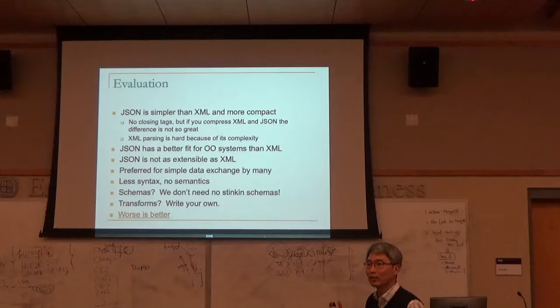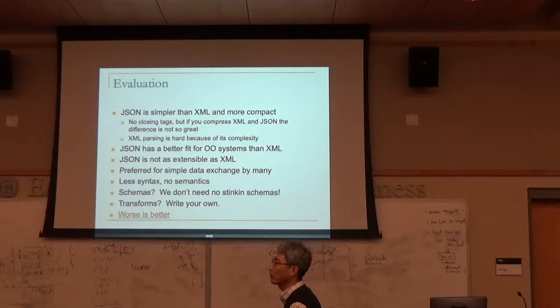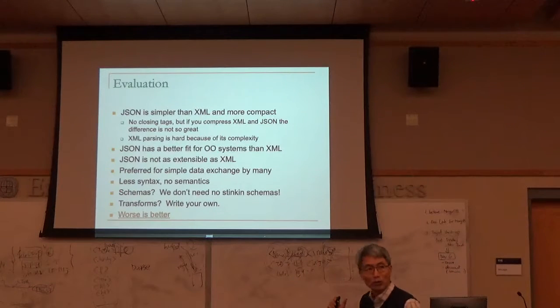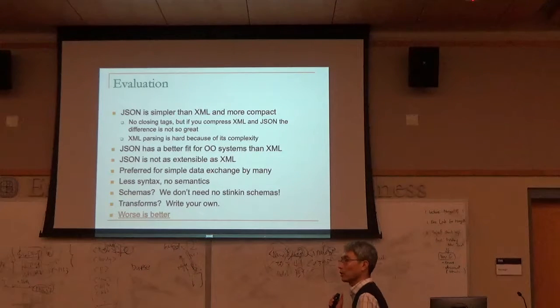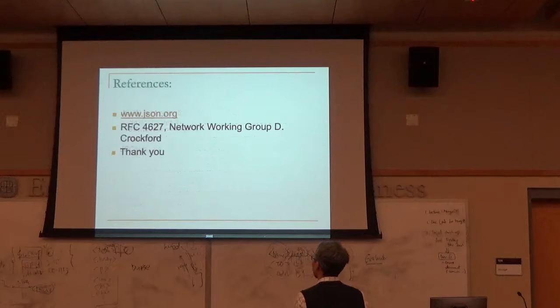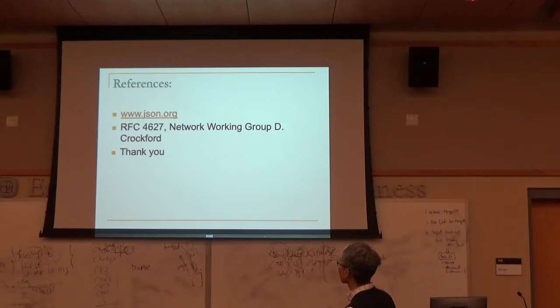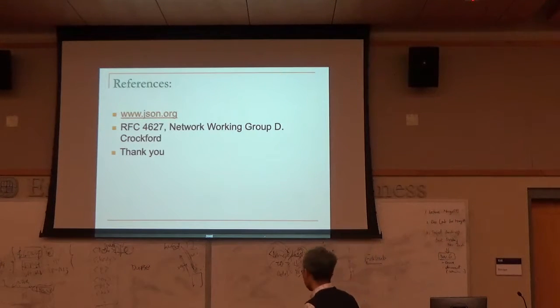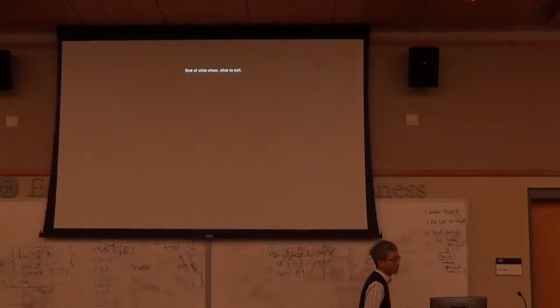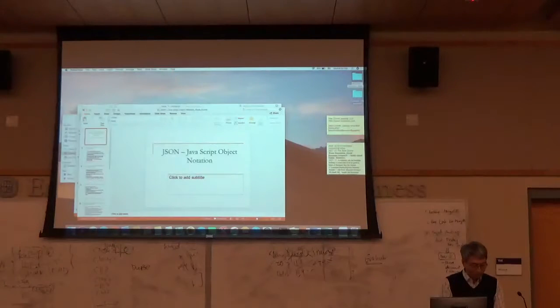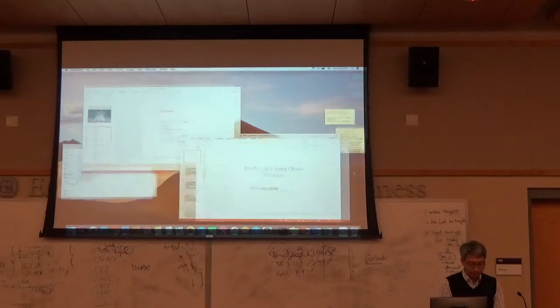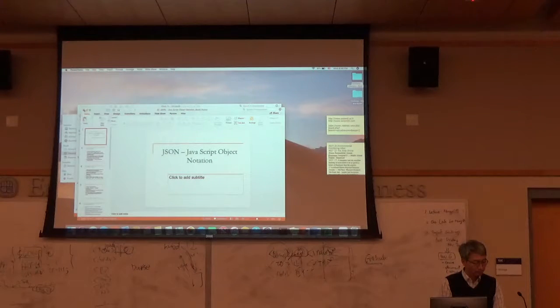If you are interested in data analytics and document databases, definitely you need to study more about JSON and the JSON file type, object type. If you go here, you can find more information. Then finally, we are ready to discuss MongoDB.